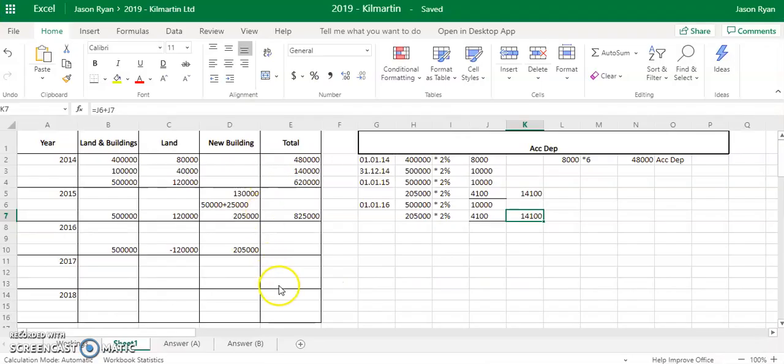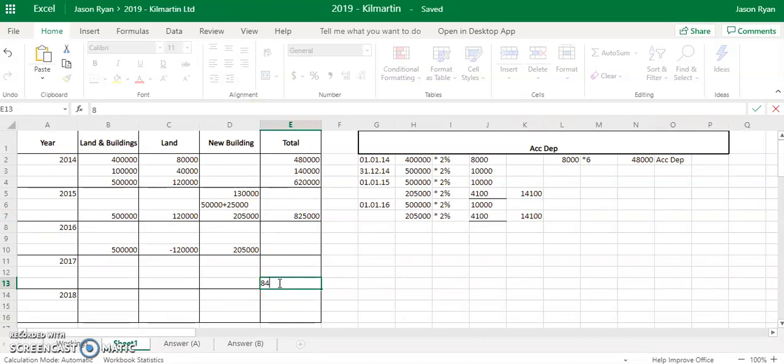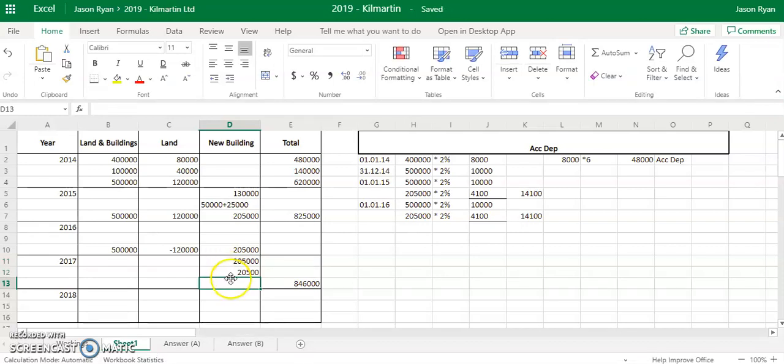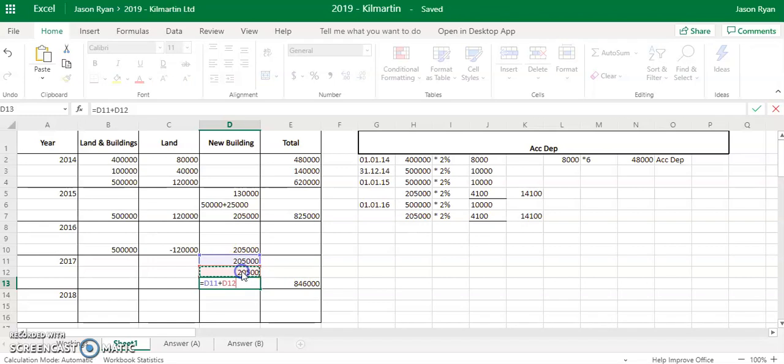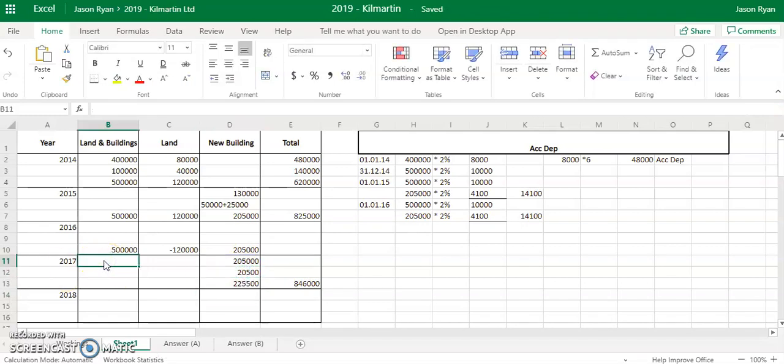So your total is going to be 846. At the start we had 205. That's going to increase by 10%, so it's going to be 205 multiplied by 10%. So that's going to be revalued. And then we've got our 500,000.